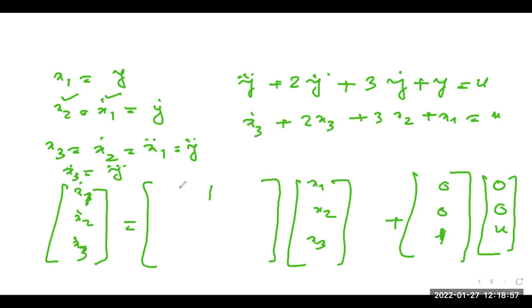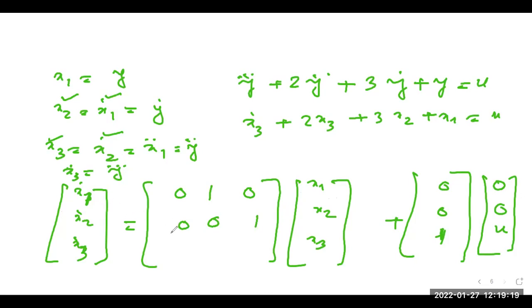Okay, so x2 is what? This will be the second term, so this will be 0, 1, 0. Then what is x2 dot? x2 dot equal to your x3, which means this is the third term. This is 0, 0, 1. And x3 dot equal to what? X3 dot equal to your y triple dot. Correct.